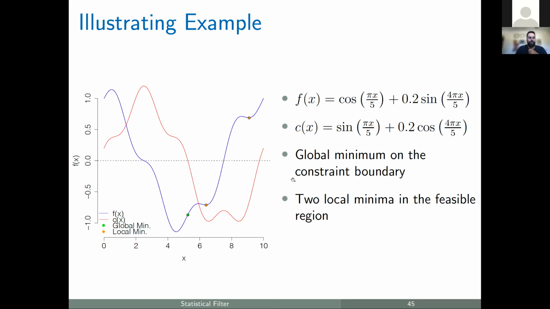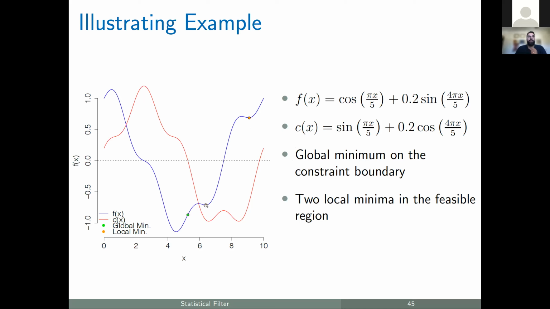This is not an issue here in the paper, but it's something worth exploring in follow-up type of papers that we've looked at. And so what you end up having here in this example is you have two local minimums. So these orange points represent local minimums, and you have this green point, which is the global minimum.